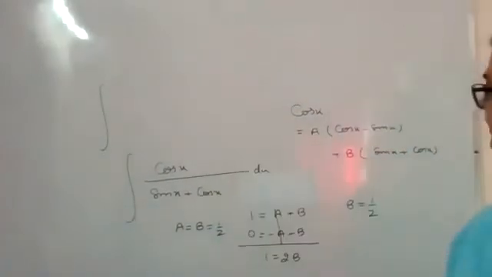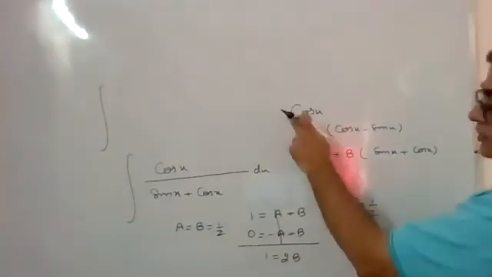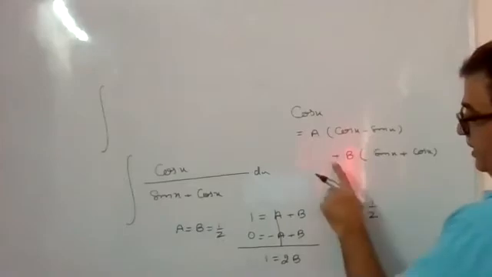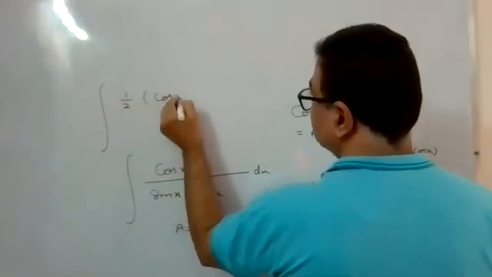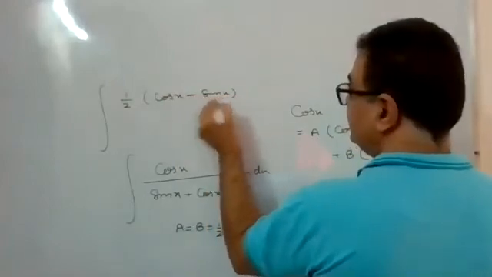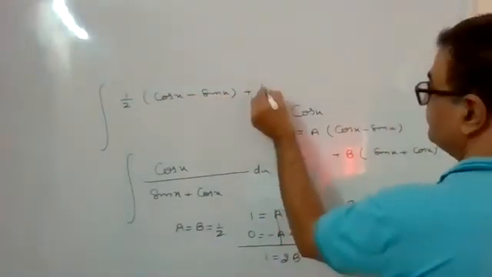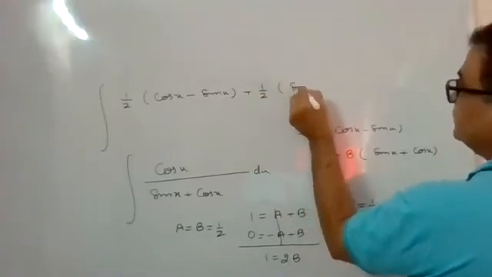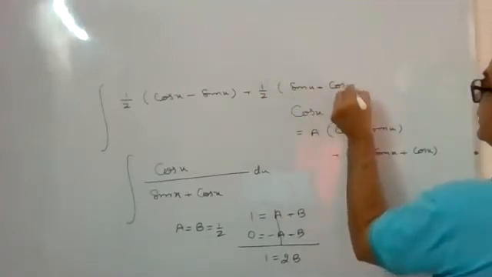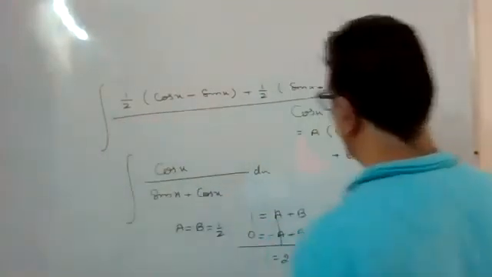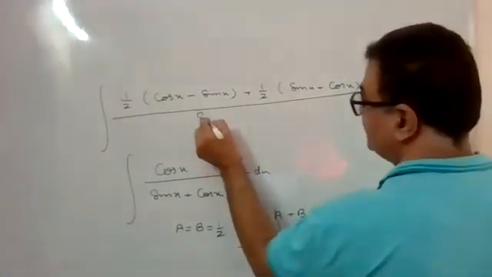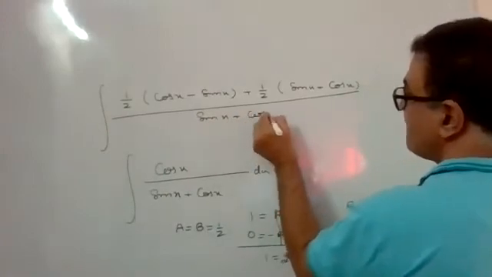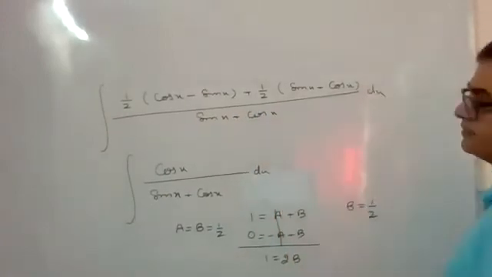So now we will write the question this way. This is cos x, we can write this way. The value of a is half. Half of cos x minus sin x plus half of sin x plus cos x, whole divided by sin x plus cos x, dx.